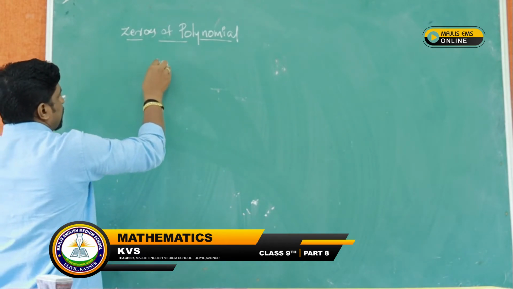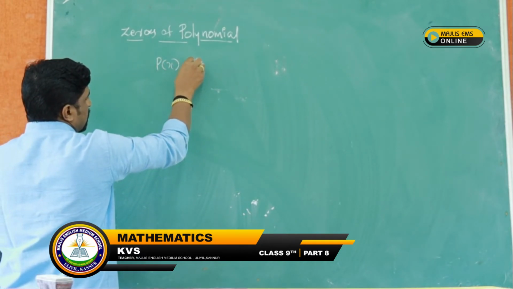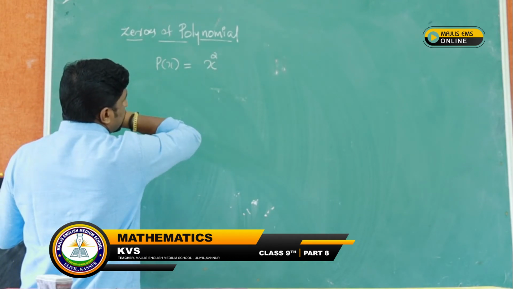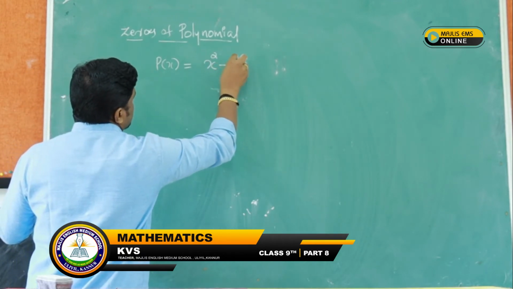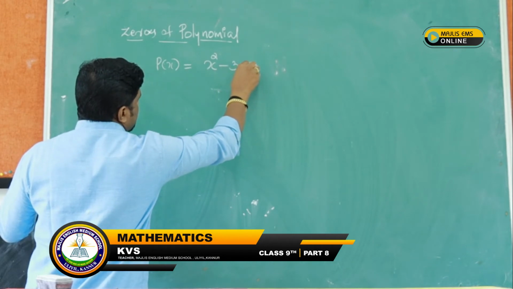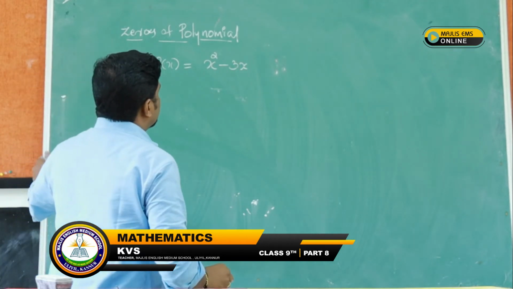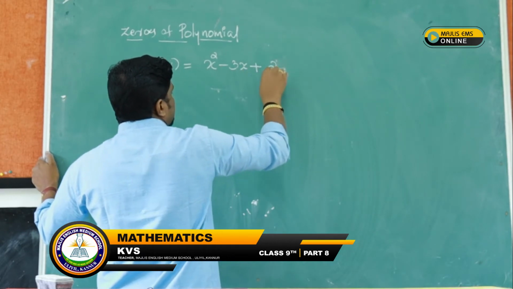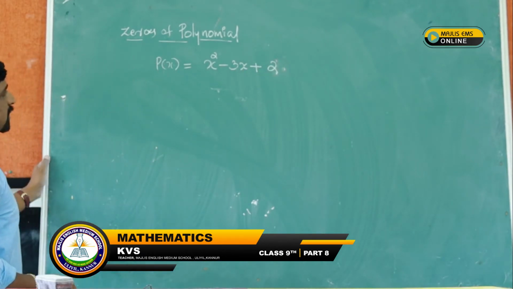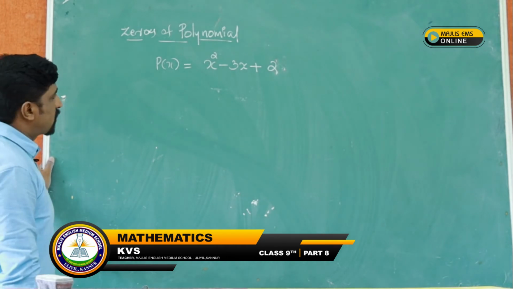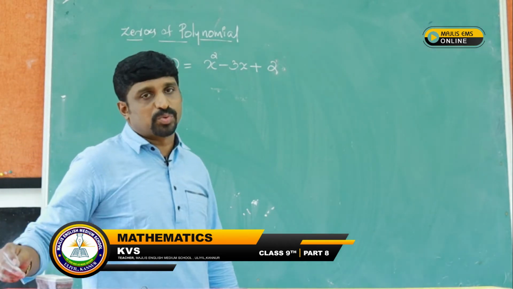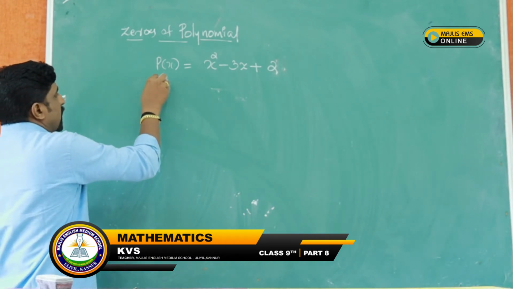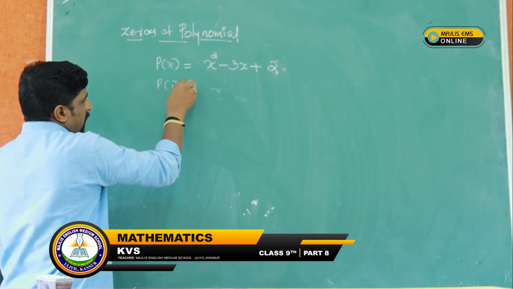Let me explain with an example. Suppose p of x equal to x square minus 3x plus 2. First I find p of 1.